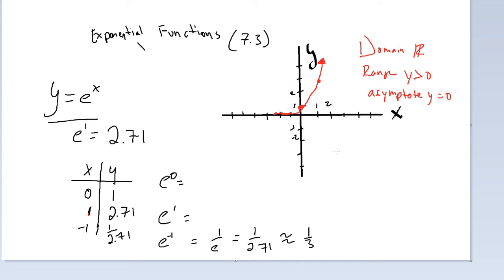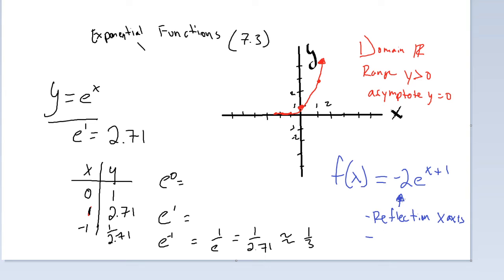Now if I had a function that equals, let's say, -2e to the x plus 1, what does that mean? Well, just like the other transformations, we know that if the number on the outside is negative, that means we have a reflection on the x-axis.